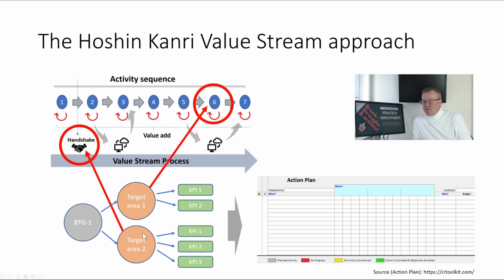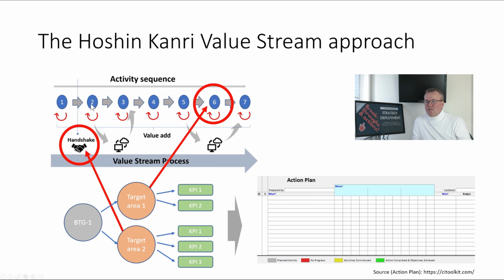That is also the same with target area 2. But in target area 2, we focus on the handshake because for some reason there are conflicts or not proper interfaces between activity 1 and activity 2. So we have to define the business rules in order for activity 2 to take what is provided by activity 1 and know exactly that this is right.